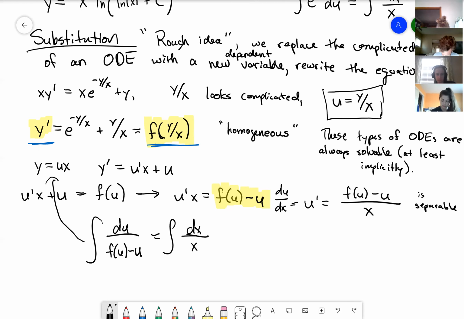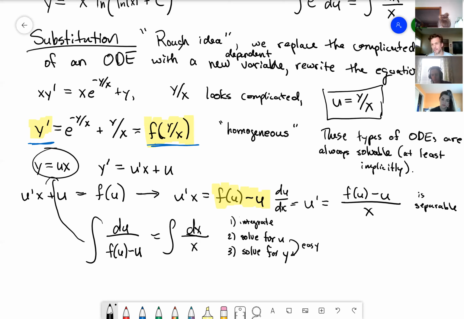So let's try to write out the steps that we would go through from here. Integrate, solve for u, and then ultimately solve for y. Now, this step right here is easy. After we've solved for u, it's easy to solve for y because we already know what y is in terms of u.